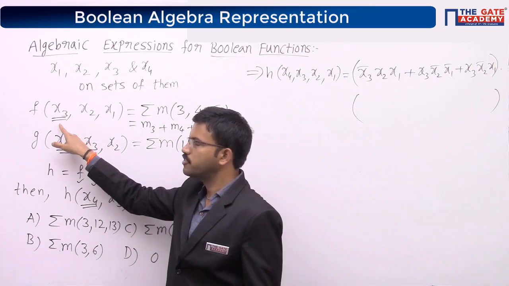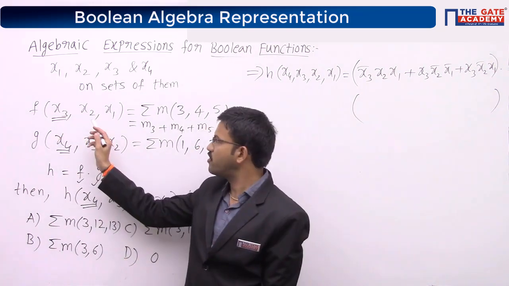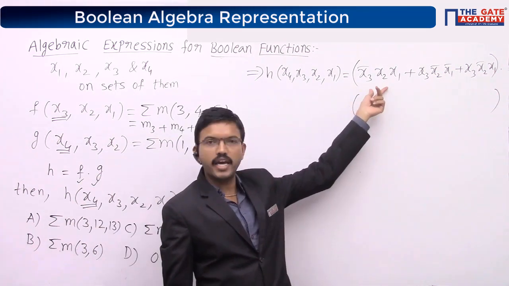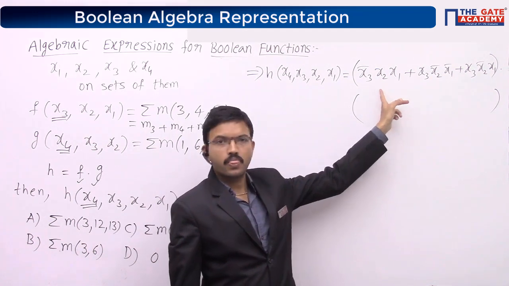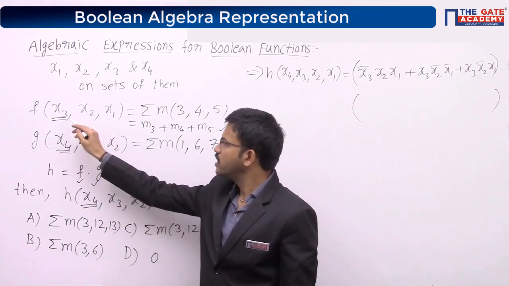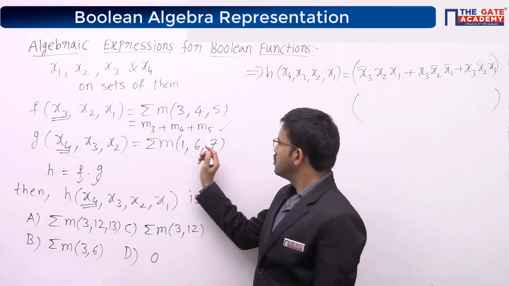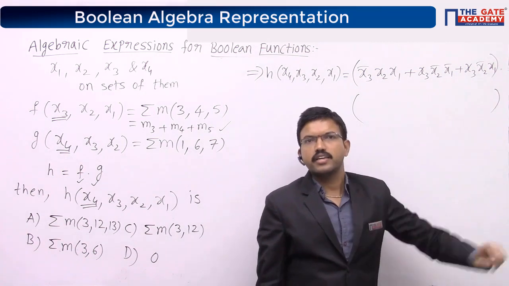In minterms, if the variable is 0, we write it as a complement; if the variable is 1, we write it directly in normal form. So x3 bar, x2, x1. Next, 4 is 1, 0, 0: x3, x2 bar, x1 bar. 5 is 1, 0, 1: x3, x2 bar, x1.